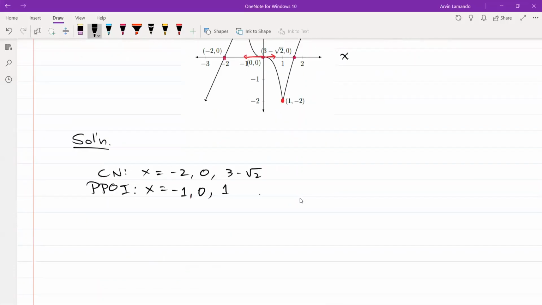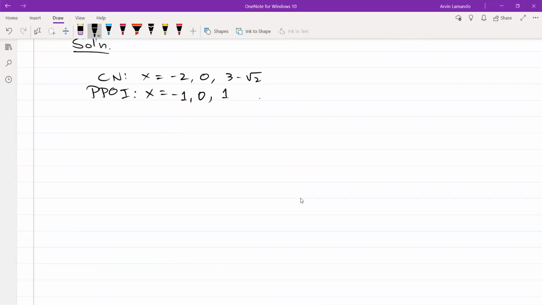Now, we can partition R using these points. So we can construct the table of signs of f like so. Interval, f prime, f double prime, and the conclusion.